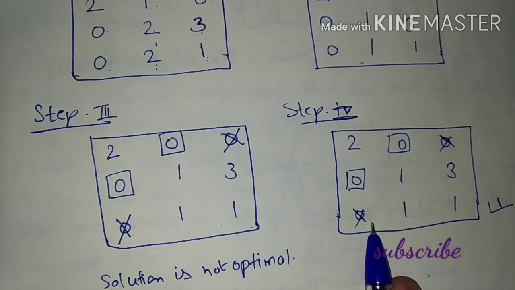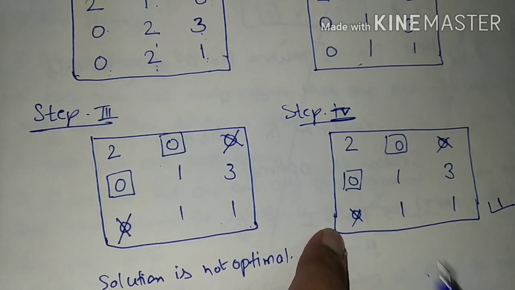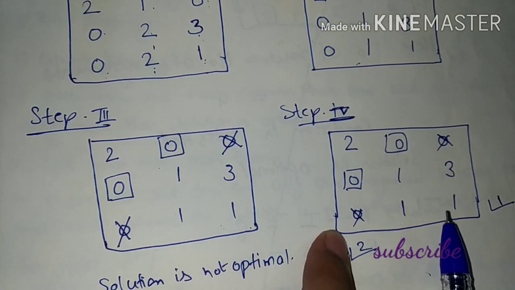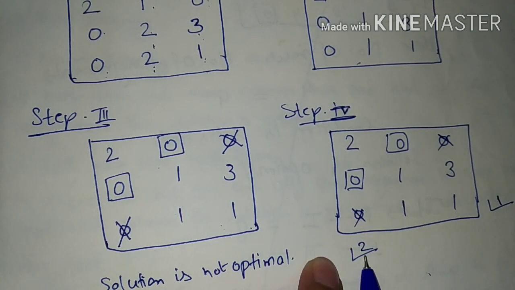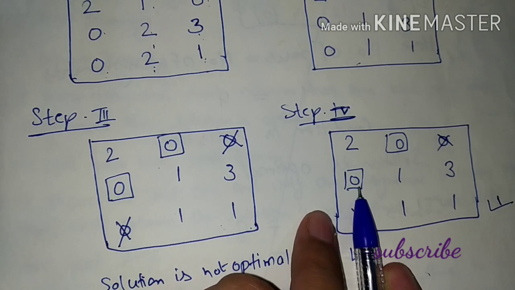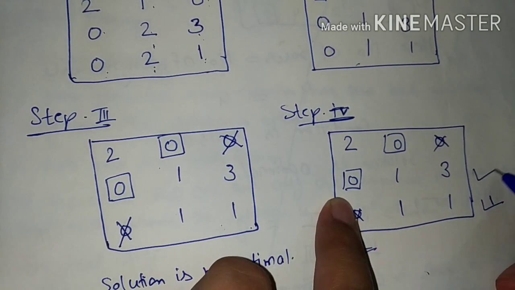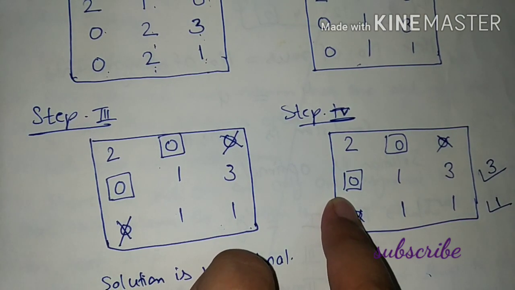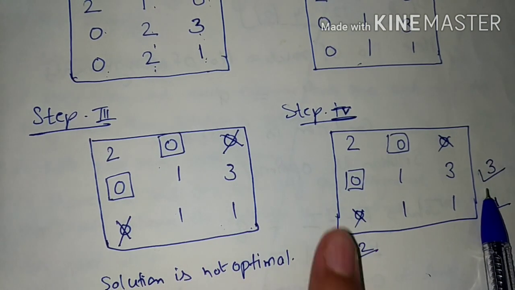Tick the column 1 having cross 0 in tick row 1. Tick the row 2 having assignments in tick column 2.